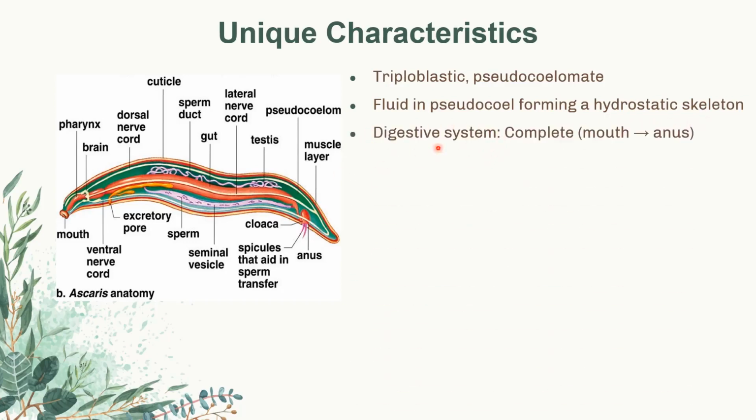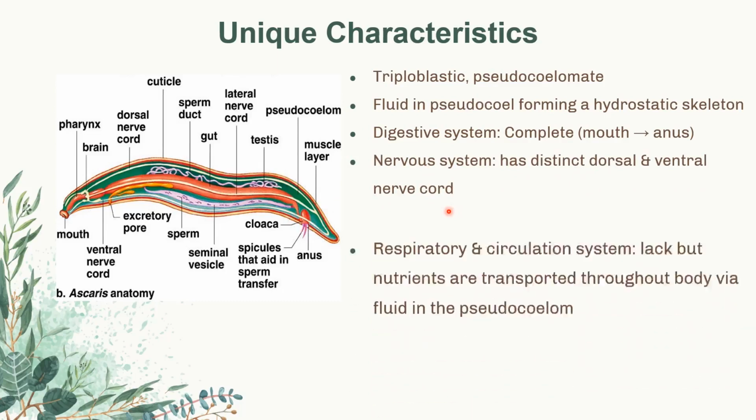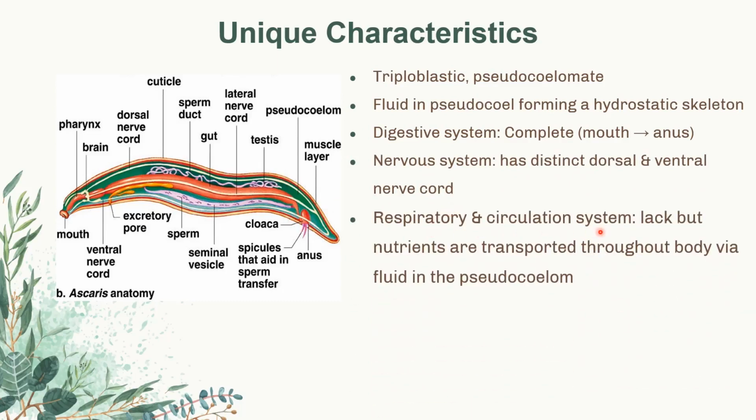Its digestive system is complete, meaning it has a mouth and an anus, so food moves in one direction. It has a nervous system, with a distinct dorsal and ventral nerve cord. The respiratory and circulatory systems are lacking, but the nutrients are transported throughout the body via the fluid in the pseudocoelom.